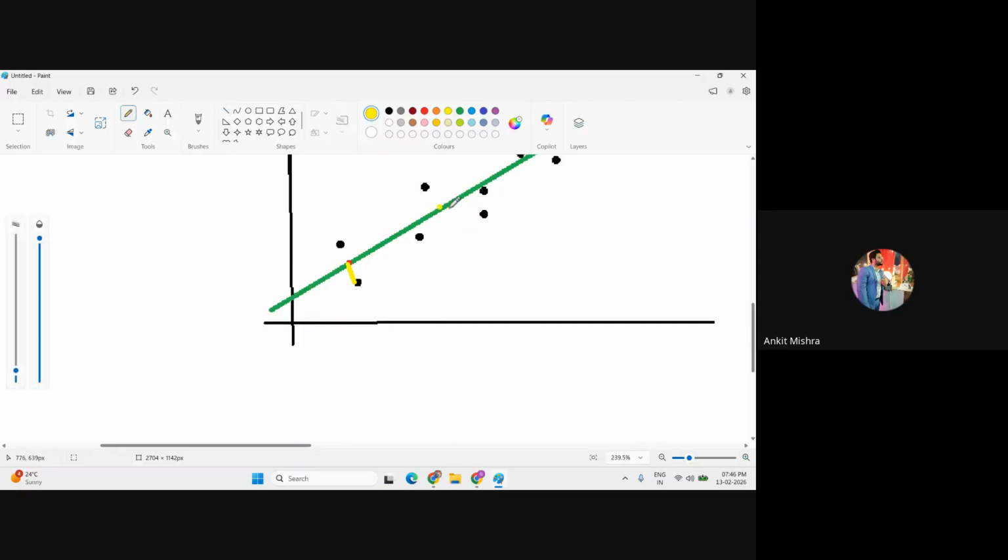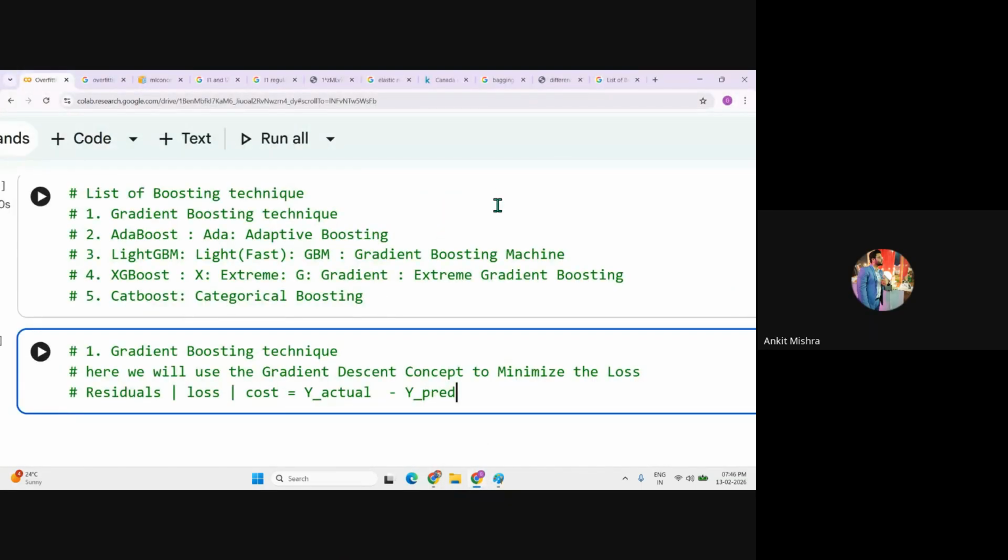In the same way you get error two, error three, error four, right? It's actual value minus predicted value, and we can refer to this loss as residuals or as a cost value as well, right?